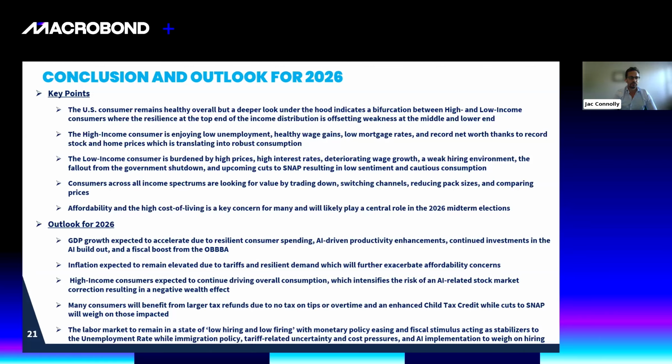And then I think the labor market should remain in a state of low hire, low fire, with fiscal stimulus and rate cuts acting as a stabilizer to the unemployment rate. But there will be headwinds to job growth from immigration policy, more robust AI implementation throughout the economy, and the uncertainty caused by tariffs.